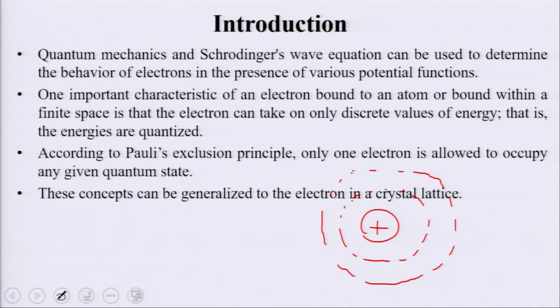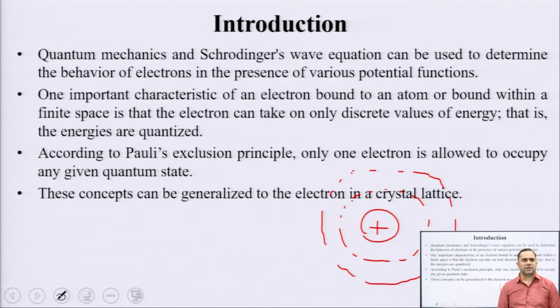By stationary we mean that it has constant energy in each orbit. Once an electron makes a transition from a lower level to a higher level, it requires energy, and if it falls from a higher level to a lower level, it releases energy.